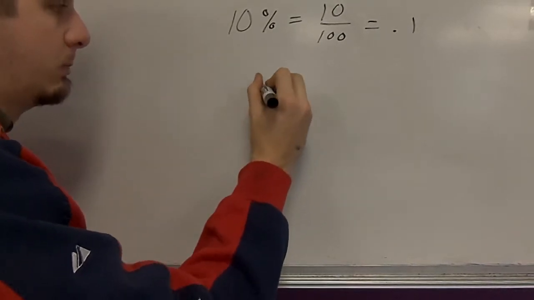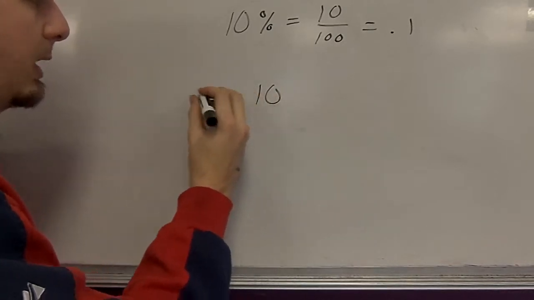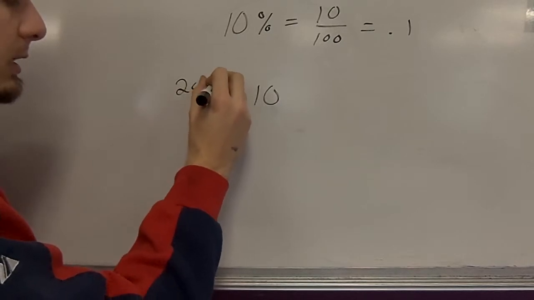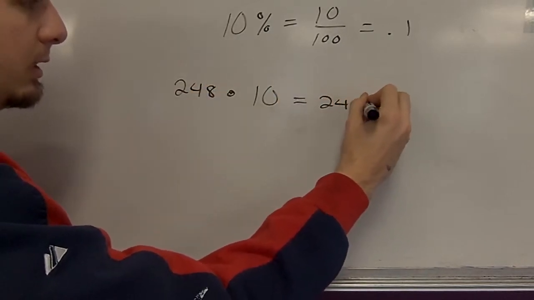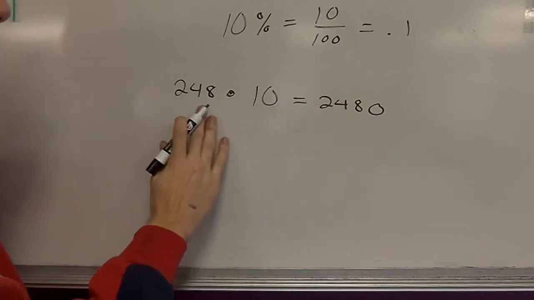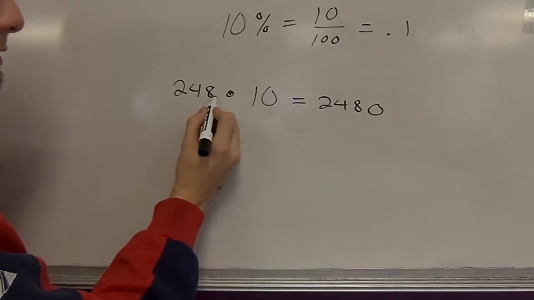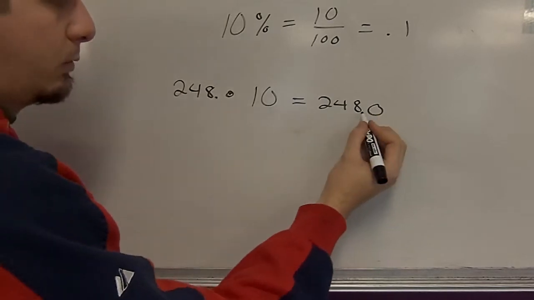When you take a number and multiply it by 10, so if I have 248 and I multiply it by 10, I get 2,480. And what happened here, going from here to my answer, is the decimal on 248 got moved over one space.